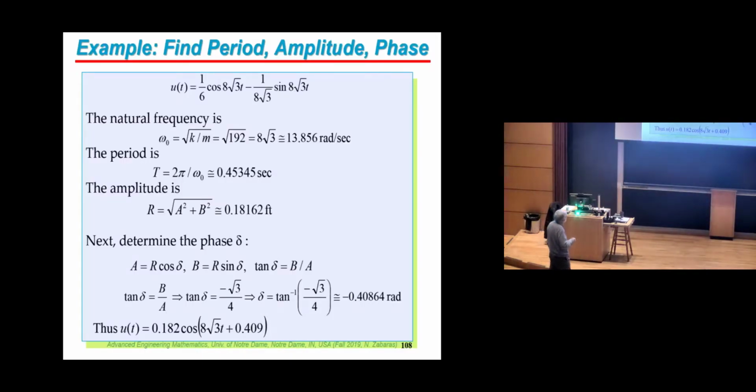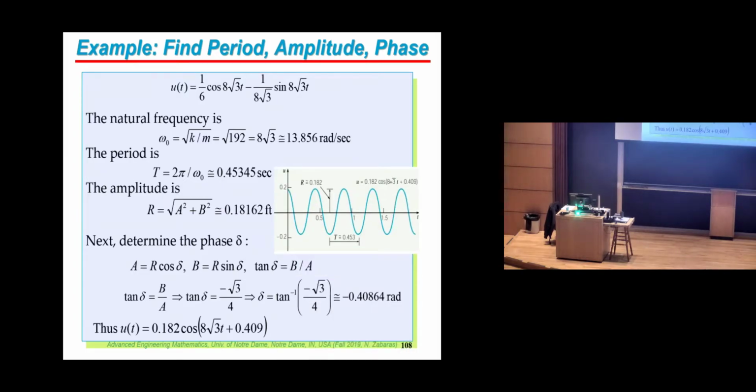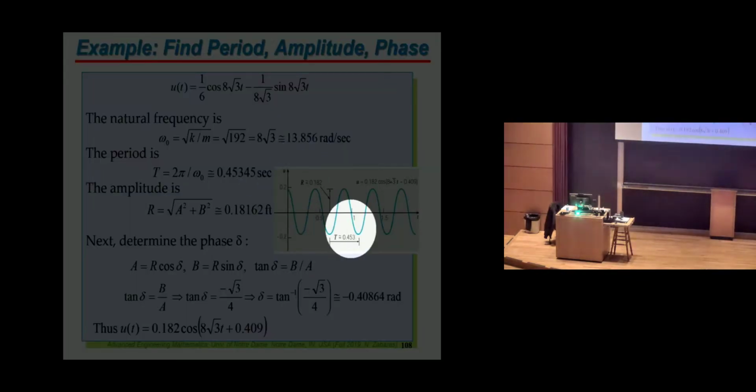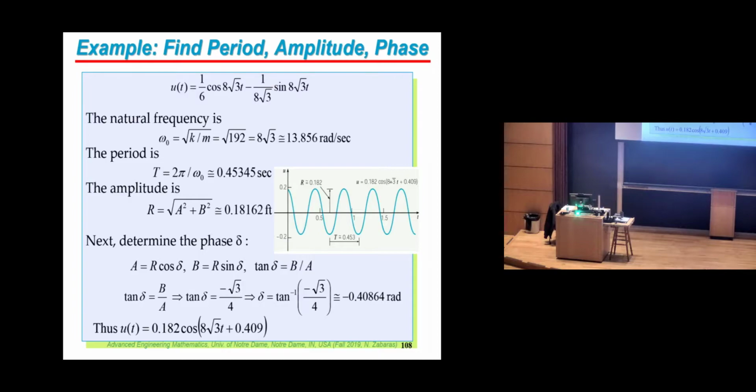Mathematically, they're the same thing, but when you see only one sine or one cosine, you can see why this is a pure oscillation. All right, and again, schematically, this thing oscillates to infinity without any loss of energy because there's no dissipation.